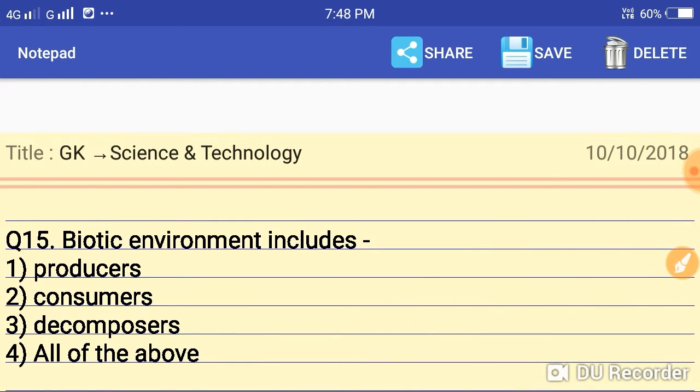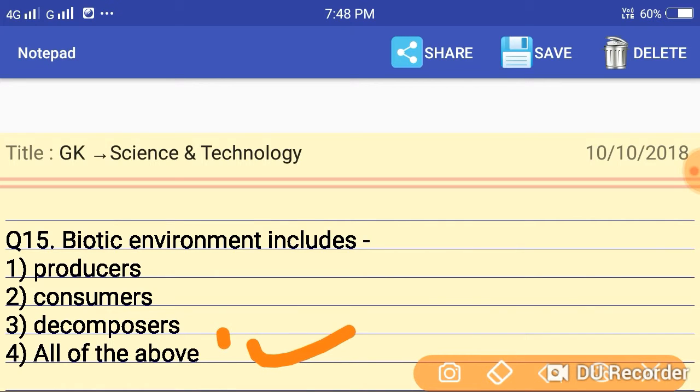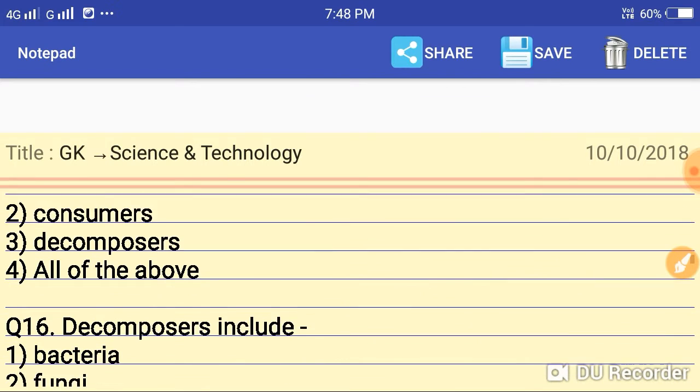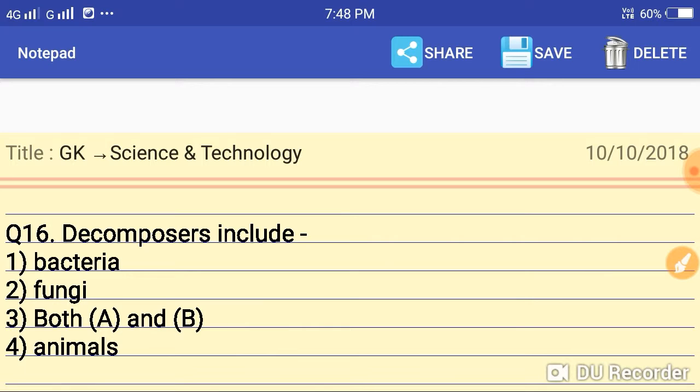Next question. Biotic environment includes, what is included in the biotic environment? Question 15, right answer will be option 4, all of the above. Means producers, consumers, decomposers, all are included.